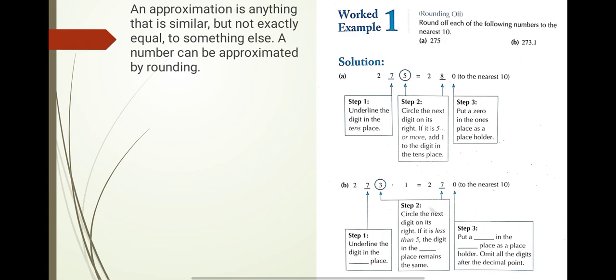The reason behind this is very easy, right? Because if we just use our common sense, 271 to 274 are nearer to 270 rather than closer to 280, while 279 or 78 is definitely closer to 280, instead of 270.